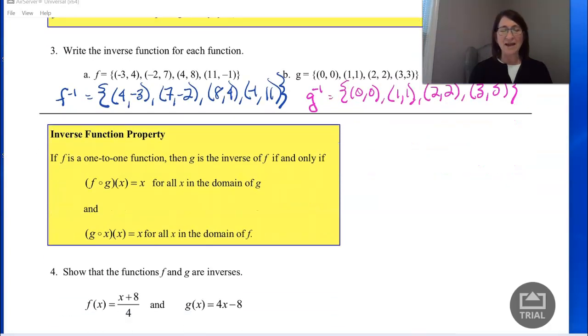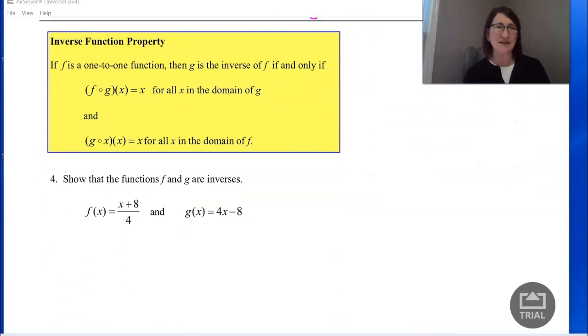Well, I can use something called an inverse function property to actually prove that two different functions are inverses of each other. And the way I do that is by finding the composition, the regular composition, and then the opposite composition.